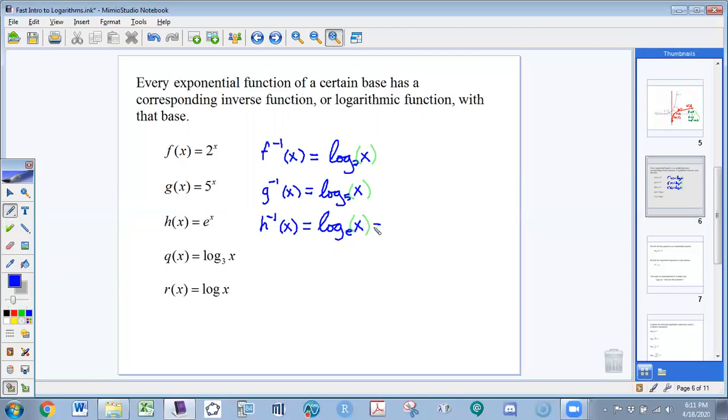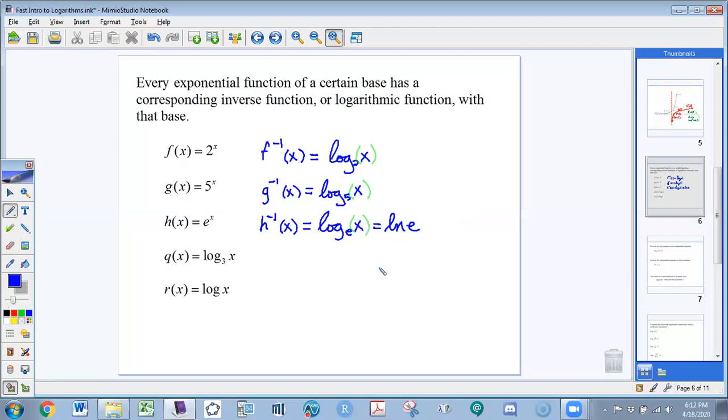One other very important note here, the base e log function is extremely important in calculus. We've already discussed how Euler's number is a really important number that shows up over and over again in calculus. Because of that, mathematicians like to abbreviate this and make it much shorter. So we write ln, and that stands, from the French, for logarithme naturel.